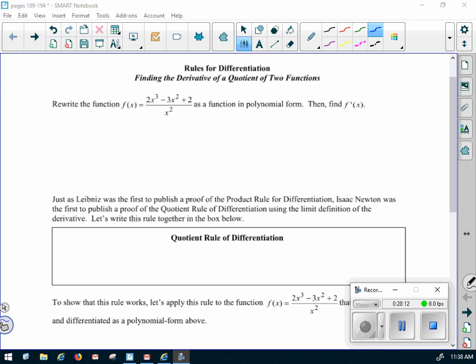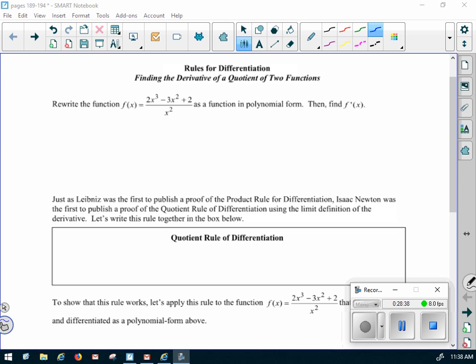So we are segueing right into finding the derivative of a quotient. Now I want you to take a look at this one. Yes, this is a quotient, but it doesn't have to be. You guys know how to solve that one. How would you rewrite it the way I taught you?